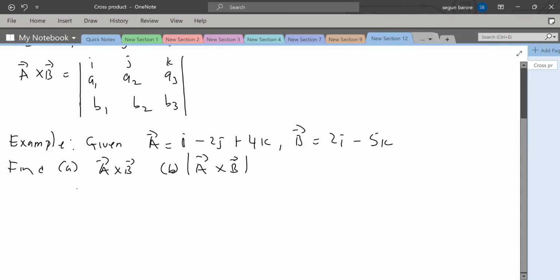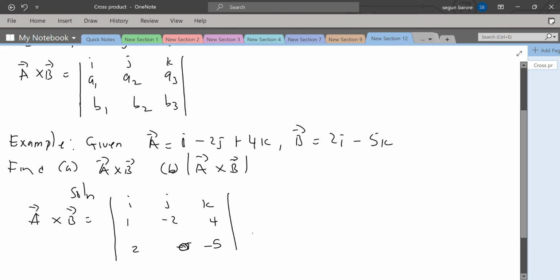So what is the solution? A cross B will be the determinant with i, j, k on top, then 1, minus 2, 4, then 2, 0, minus 5. Let's find the determinant. You say plus, minus, plus, so you put your plus i first.